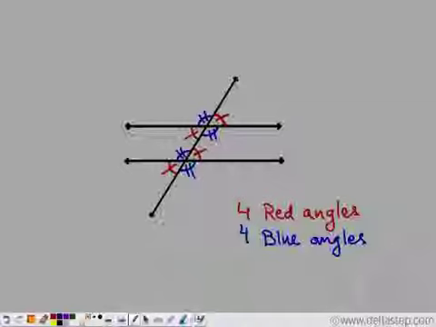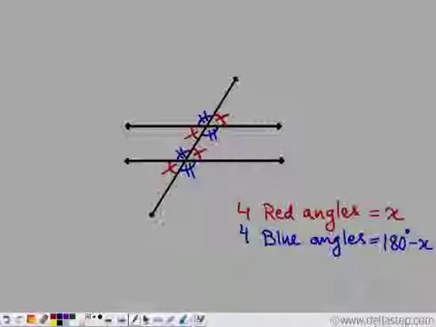More interestingly, you see that this red angle and this blue angle are supplementary. So if you know that the measure of each red angle is x, you can find out that the measure of blue angles is 180 degrees minus x.